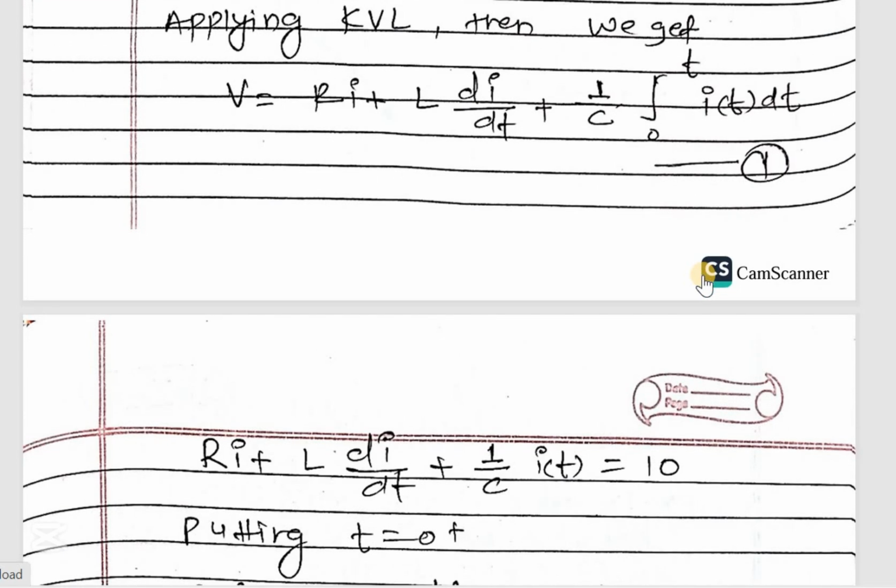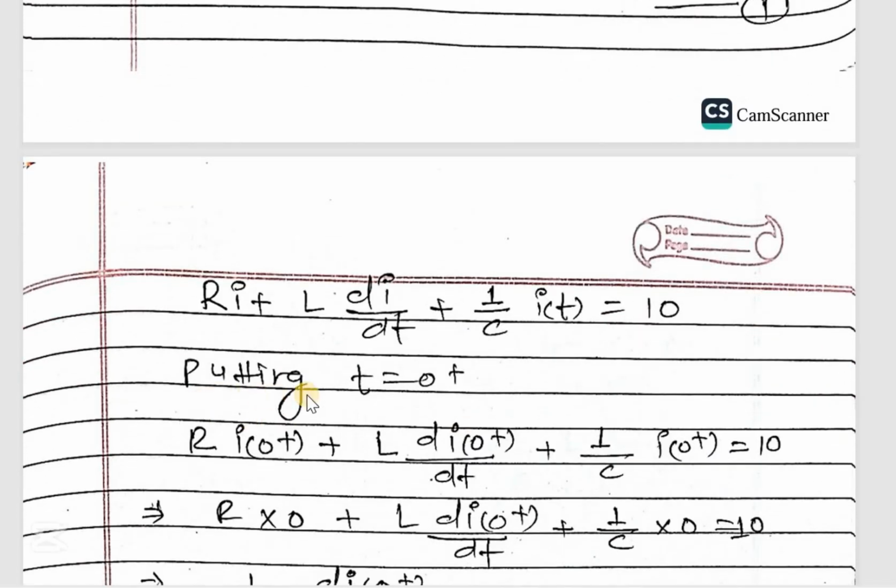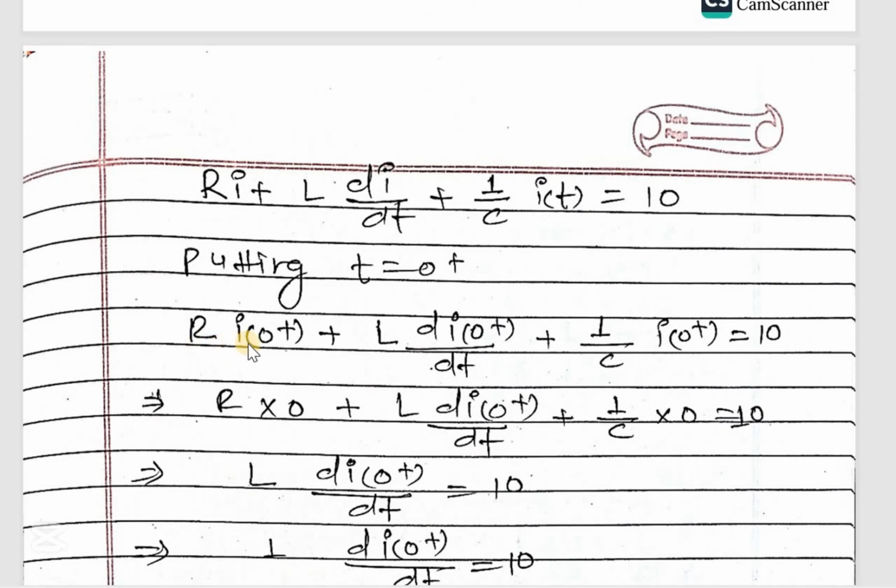And then we can write the equation as Ri plus L di/dt plus 1 by C integral of i dt equal to 10, and put t equal to 0 plus. Then R i(0 plus) plus L di(0 plus)/dt plus 1 by C integral of i(0 plus) equal to 10.